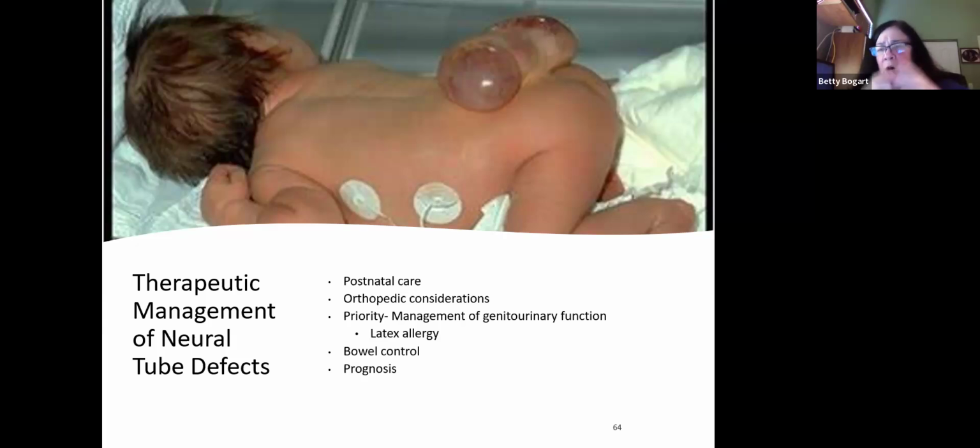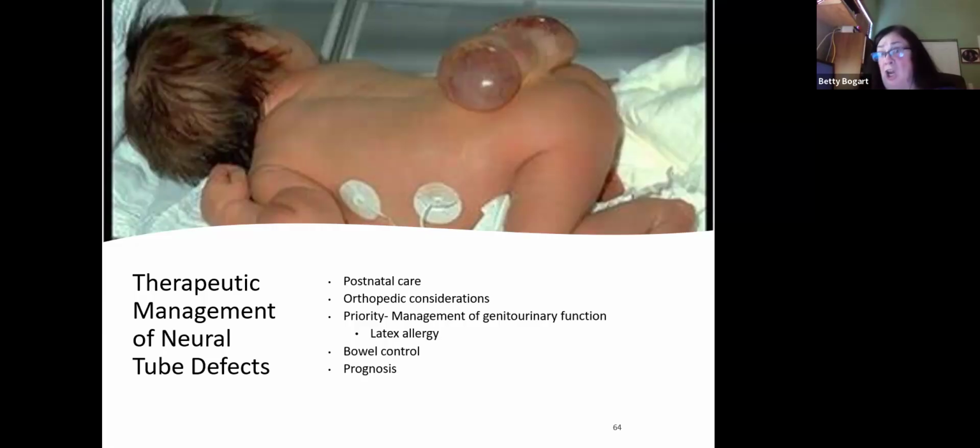We need 0.9 normal saline and a sterile dressing. We also need to maintain the skin integrity so that once we can get that spinal cord pushed back in, we can close the skin, and the tissue is good skin to close up, or it will dehisce. So we need to make sure of skin integrity.